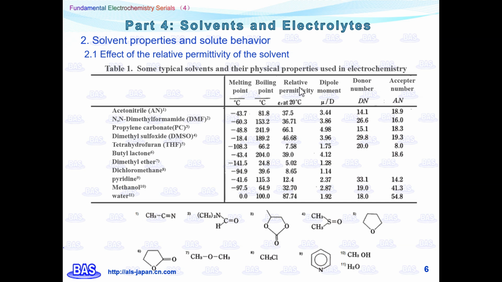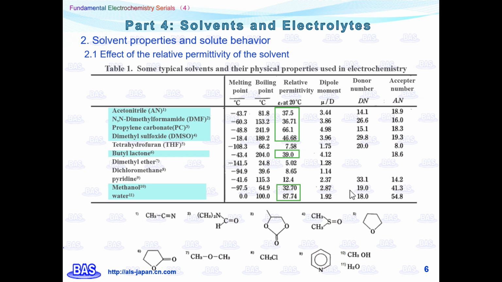It can be seen that the relative permittivity of common solvents used in electrochemistry, such as acetonitrile, DMF, PC, DMSO, and methanol, is much higher than 20. In particular, water has a very high epsilon r, making it a very good solvent for electrochemical measurements.